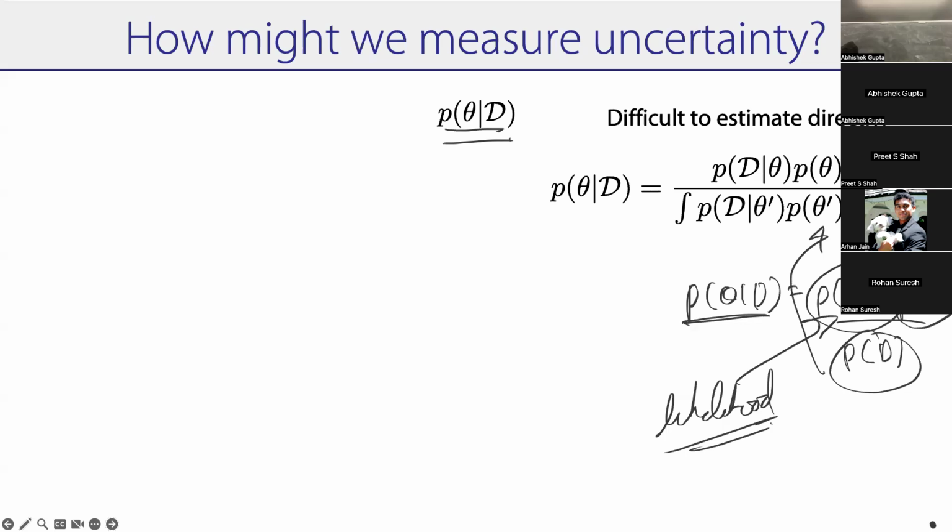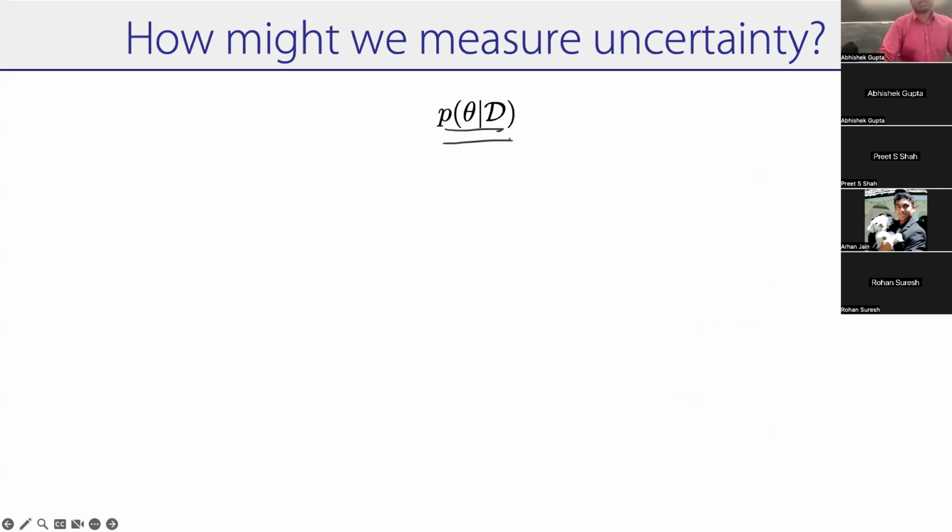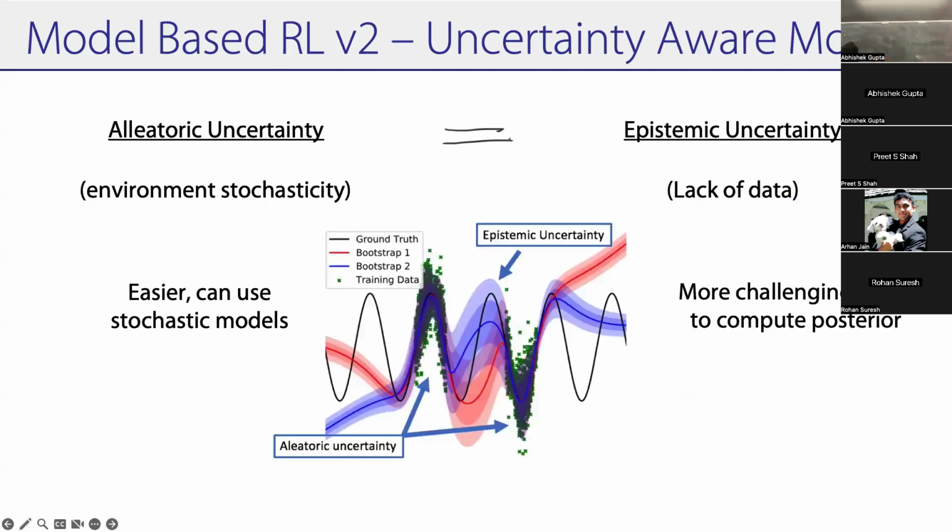And so here's maybe one way we can illustrate it. If you look at this figure, you can think of these different lines as different functions, right? Each of them are different functions that are consistent with the data. And what you want to do is say that near the data, all of them are consistent, but away from the data, you want to maintain a distribution over different functions which are consistent with the data, right?